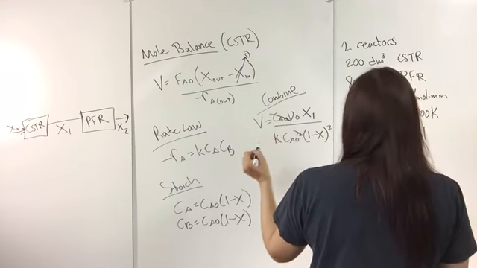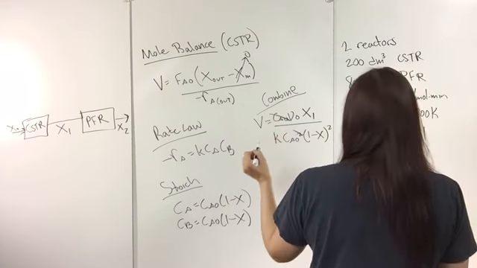And then this is just plug and chug. We know what V is, it's 200. We know what V naught is because it's the two streams added together. I believe it's 5 plus 5, so it's 10. And we know K because it was given at 300 K, which is the temperature we were told the reaction is at.